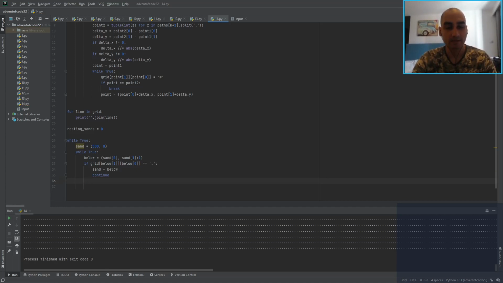So now we need down left equals sand 0 minus 1, sand 1 plus 1. If grid down left 1, down left.